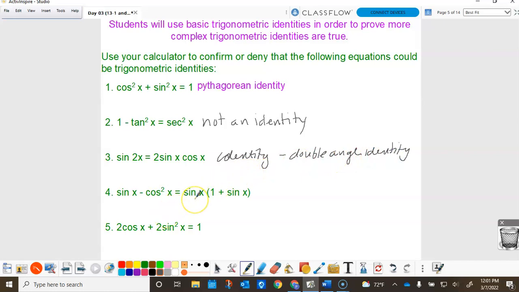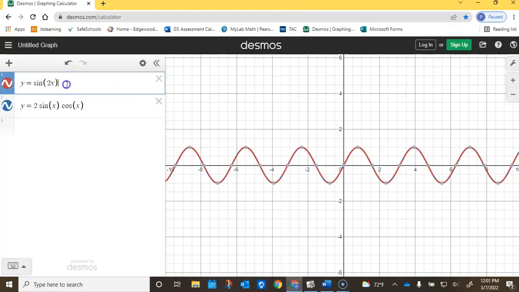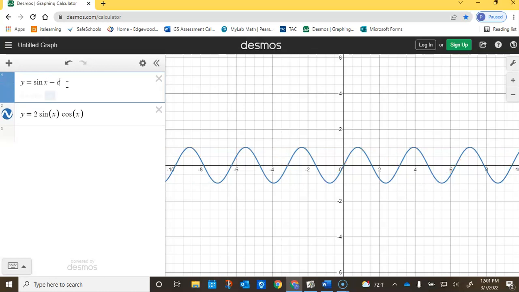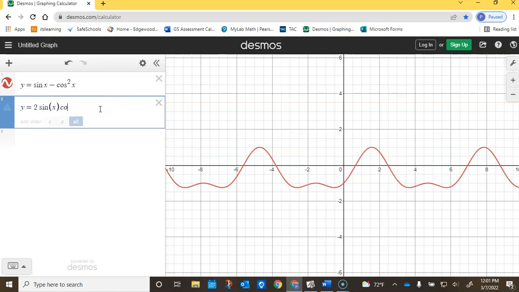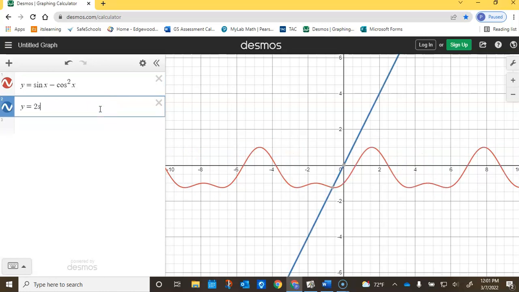Now we're going to check this next one, which is sine x minus cosine squared x. So I'm going to go back here and type in sine x minus cosine squared x. Oh, that's a funky looking one, isn't it? Isn't that cool?